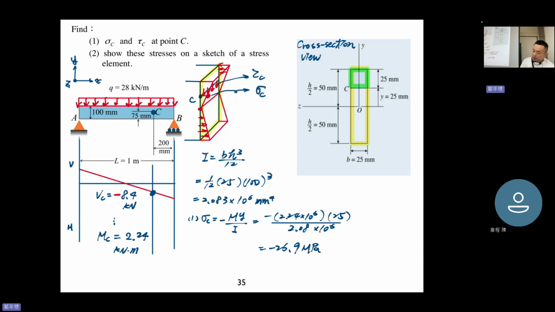Okay. This is the shaded area. So the shaded area, AC is what? 25. And what is YC? YC is 25 divided by 2 plus 25.